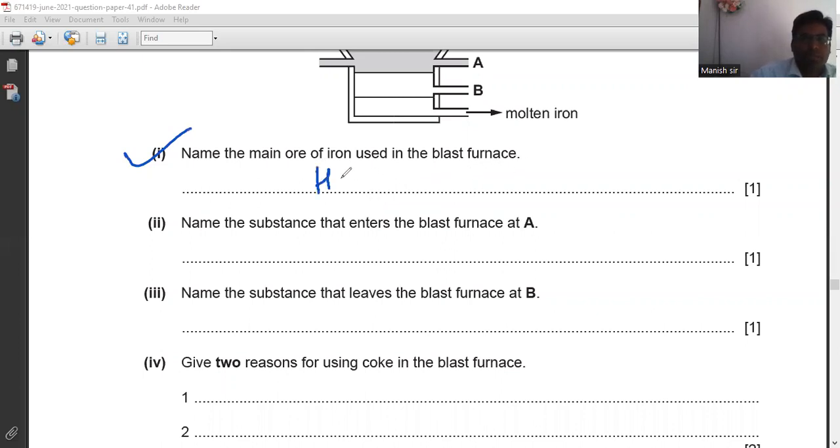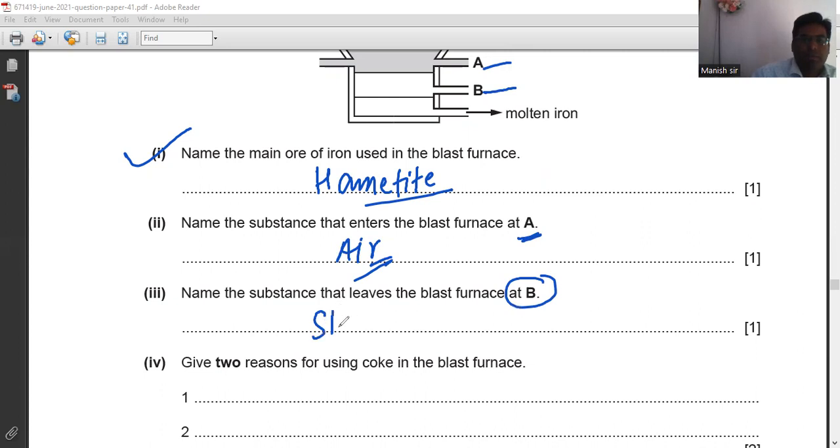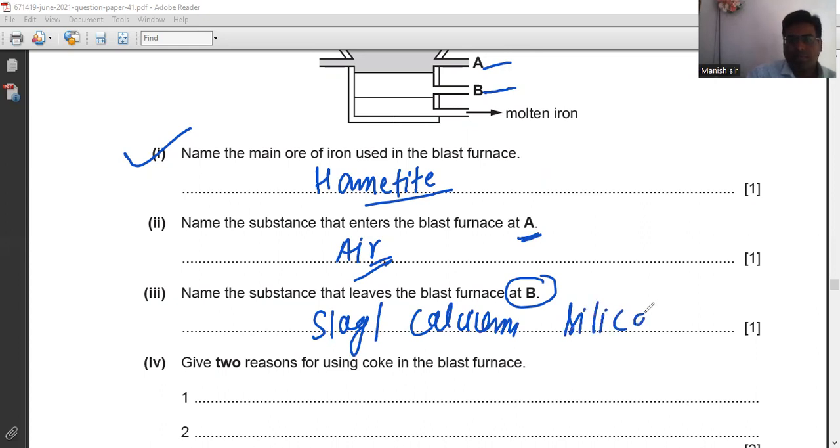The main ore of iron is hematite, right? Name the substance entering the blast furnace at A. A will be the air, right? Name the substance that leaves the blast furnace at point B. It will be slag. It is also called calcium silicate. So write these answers.